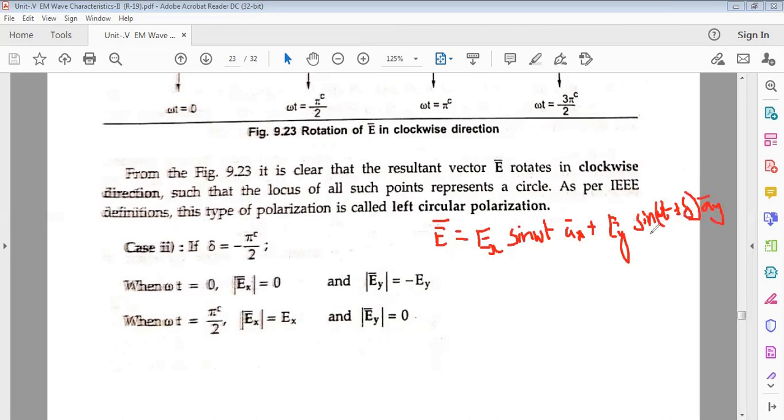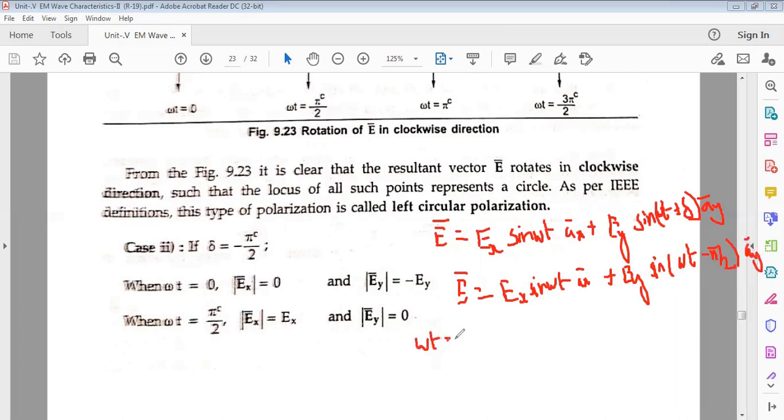Now I am considering that it is a minus. So E bar is equal to Ex sine omega t ax bar plus Ey into sine omega t minus pi by 2 ay bar.